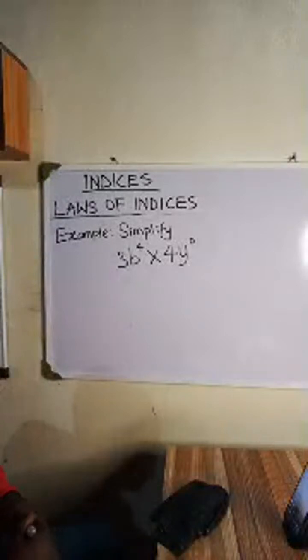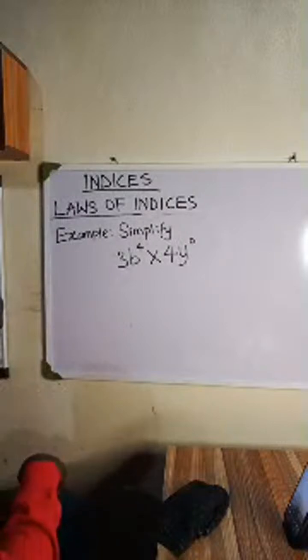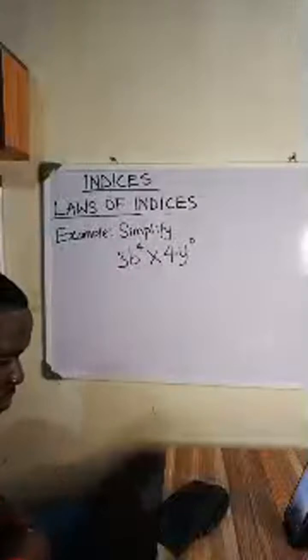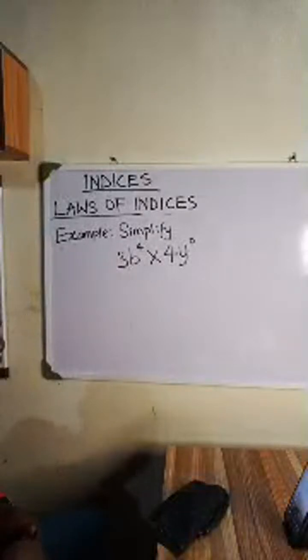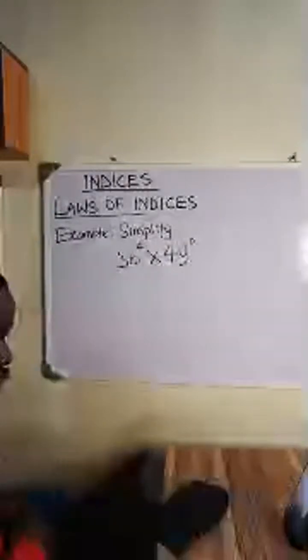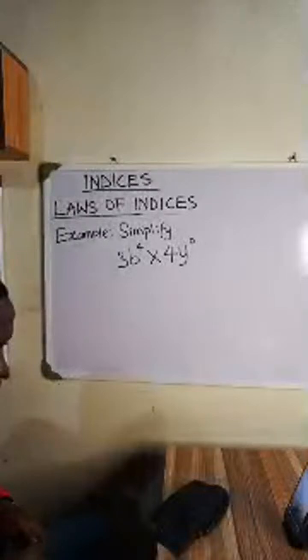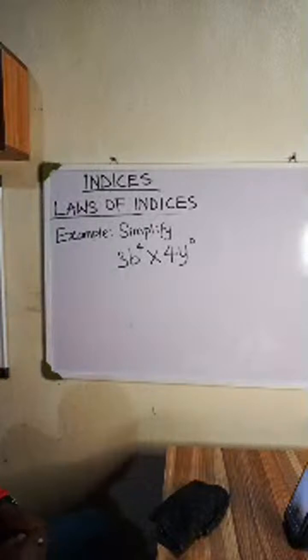Okay, you guys all did well. 12b, Einstein. I think you are Einstein yourself. 4b to the power of 4. Okay, you guys did well.